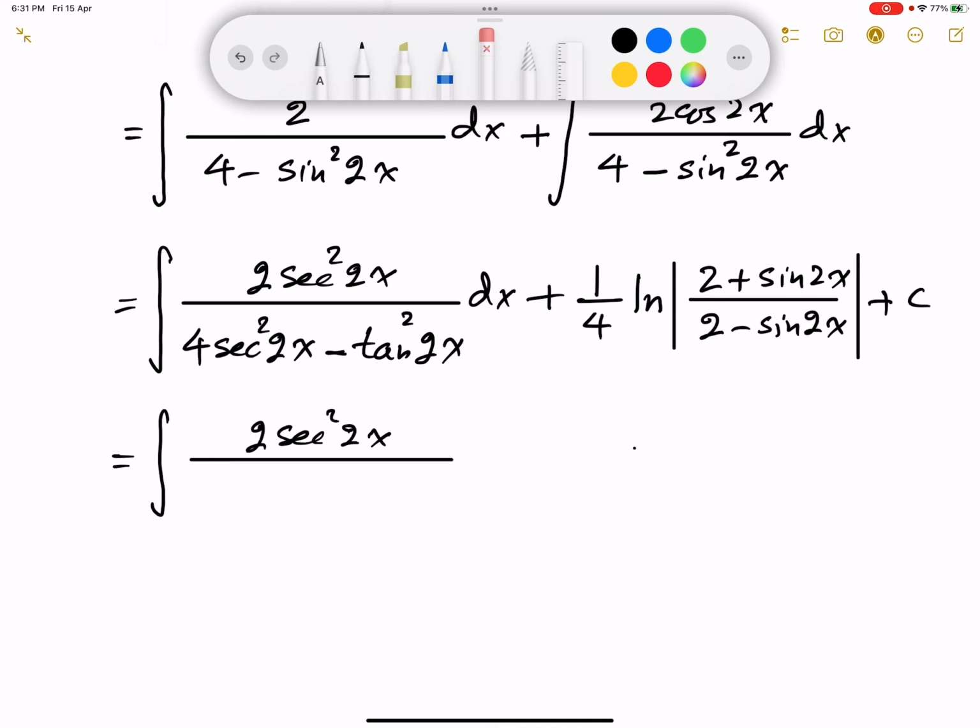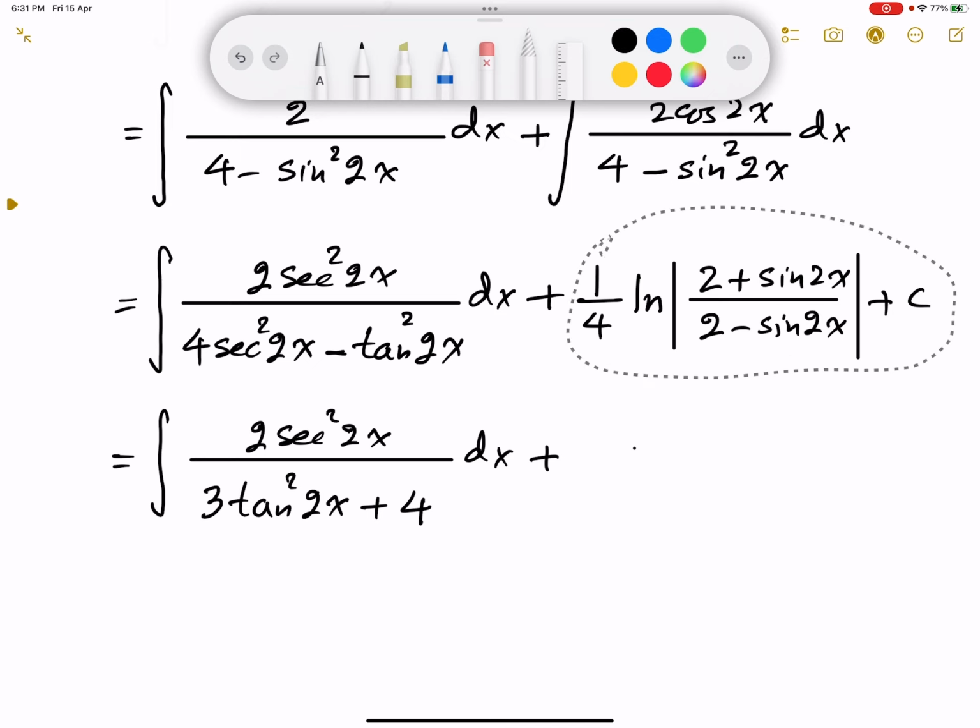So we're going to be left with 3 tangent squared 2x plus 4, because 1 multiplied by 4 gives us plus 4 here, dx, and everything else is going to stay exactly the same.